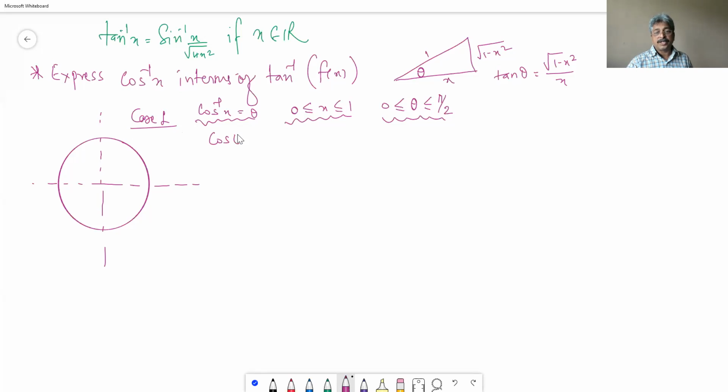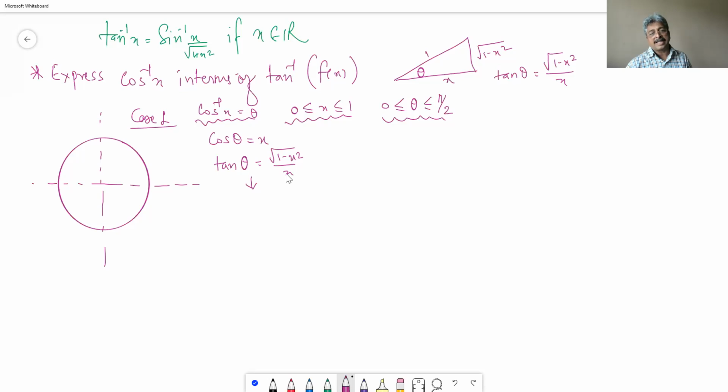Therefore, cos of theta is equal to x, and therefore, directly I write, tan of theta is equal to radical 1 minus x square upon x. You can do a lot of algebra here and arrive at tan of theta, but I am directly writing because we know this. Now the next step is very important.